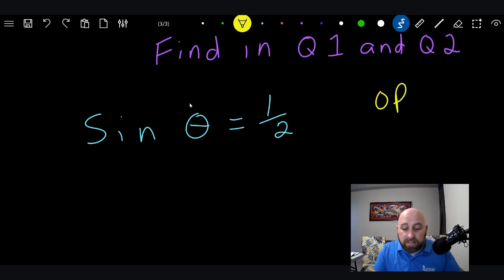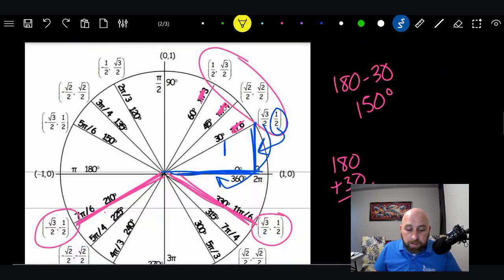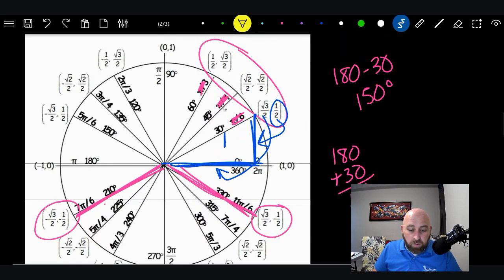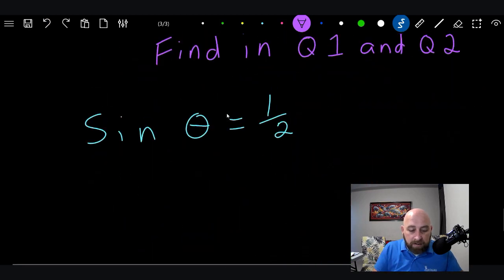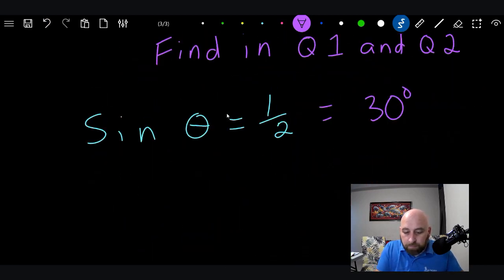And so what is the opposite? The opposite is the y. So let's go up here to our unit circle and let's find where the y is 1/2. Well, there it is right there. Okay? So y is 1/2 there. And so this is going to be a 30-degree angle. Okay? That's in quadrant number 1.